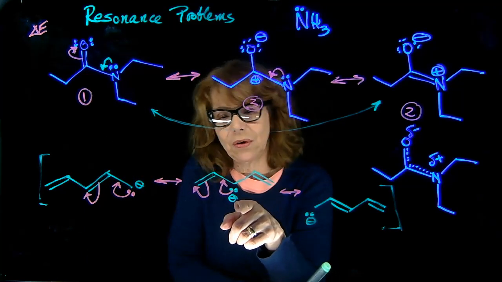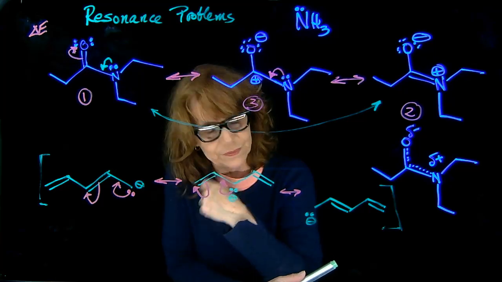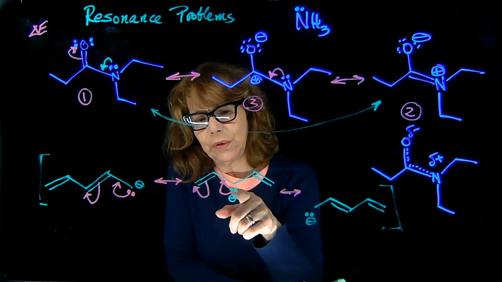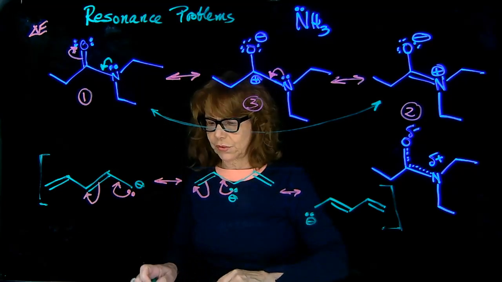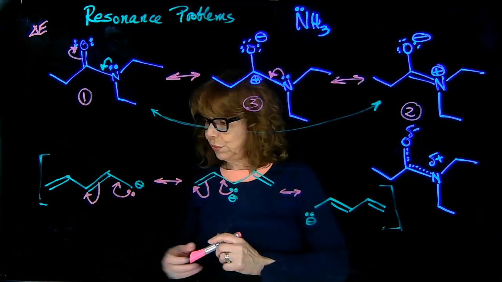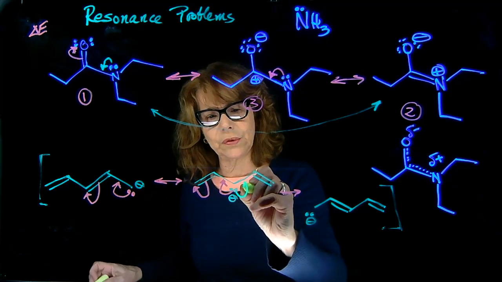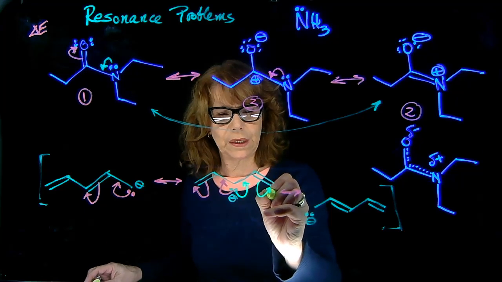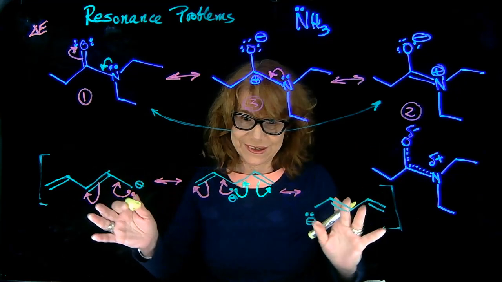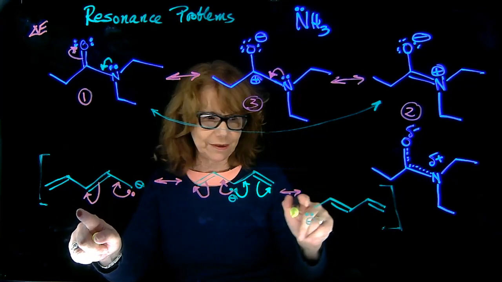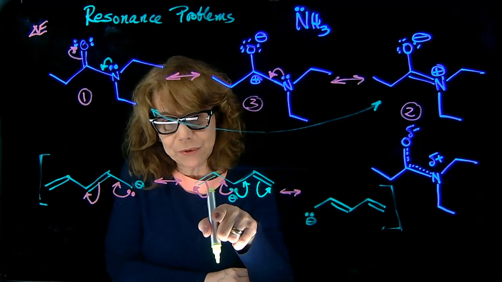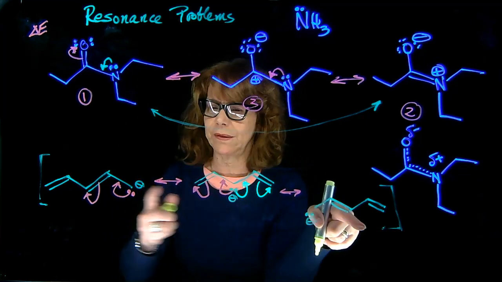Here you also have a charge on a carbon. However, in the center structure, that anion could delocalize to either side, and you will get this structure or that. So I'll say that it will contribute a little more than the other two.